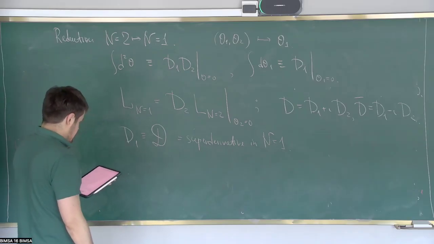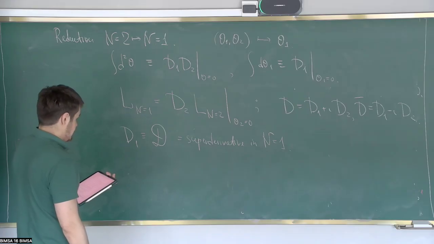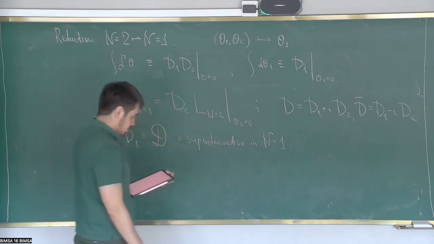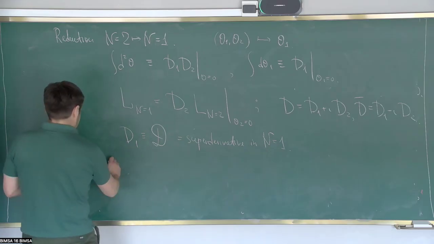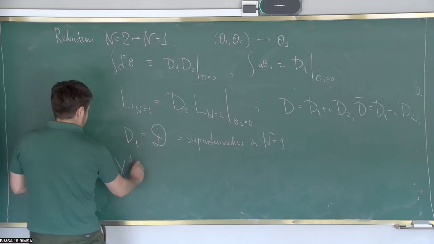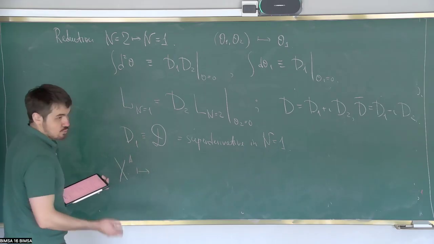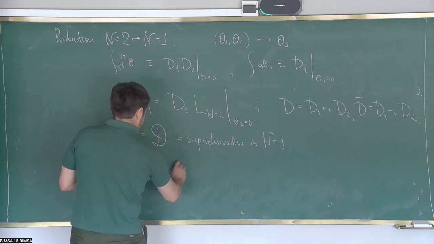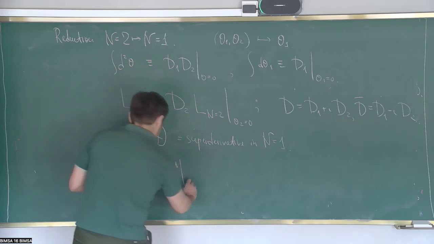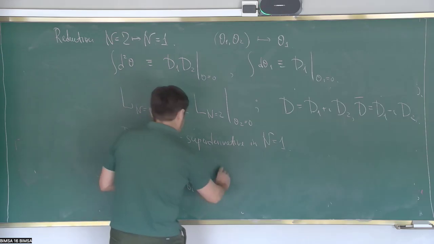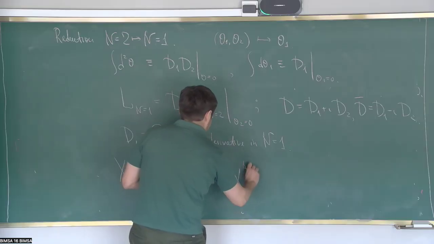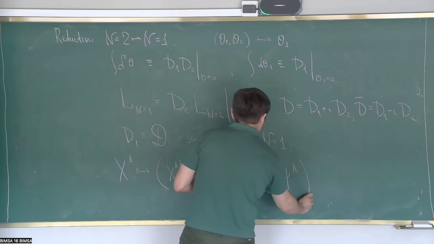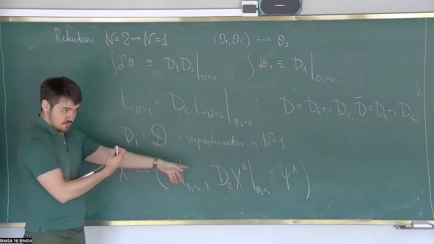So the point is that our real n equals 2 superfield, x^a, will split into two real n equals 1 superfields, which are x^a, that's theta 2 equals 0, and d2 x^a at theta 2 equals 0, that we will call psi^a, because it's Grassmann odd.